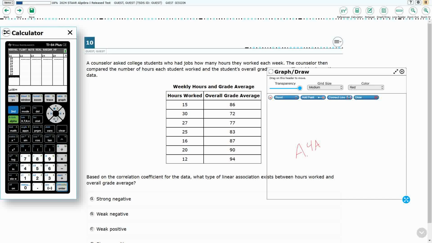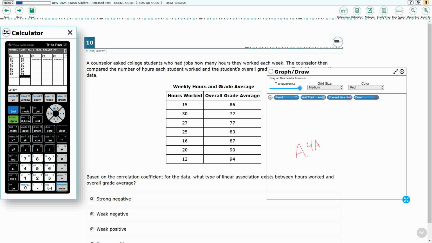Obviously, we can have more than just two lists, but in this case, we just need two. So we just want to verify that our 72 is across from our 30, our 77 is across from 27, 83 is across from 25, 87 is across from 16, 90, 94. All right, so we're almost there.